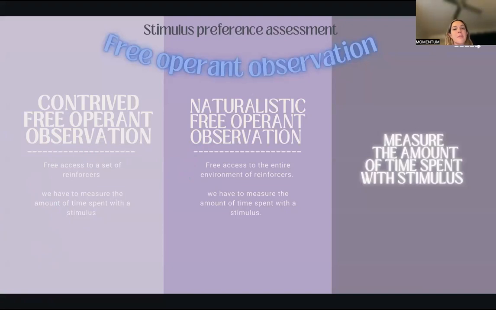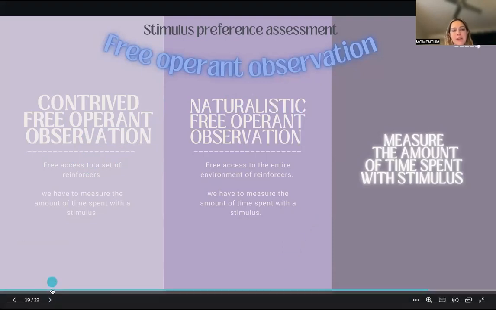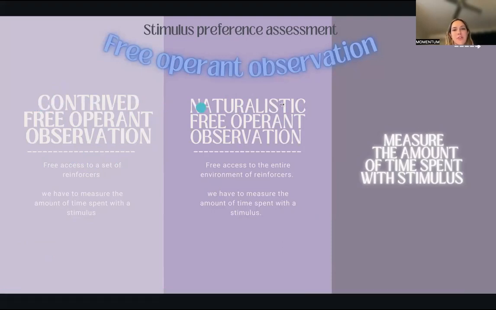We have to measure the amount of time spent with a stimulus. So both we're measuring the amount of time. The difference is that this one, it is a little bit more controlled. And this one is happening in the natural environment of the client. Pretty self-explanatory. Just if you ever forget, just try not to forget the definitions of the first words.